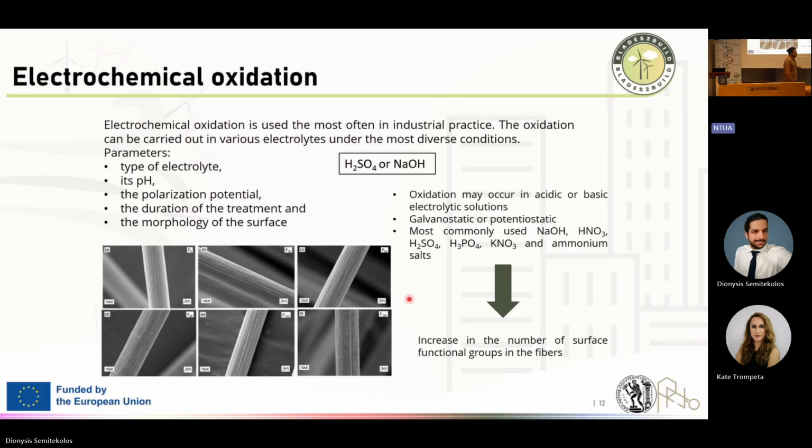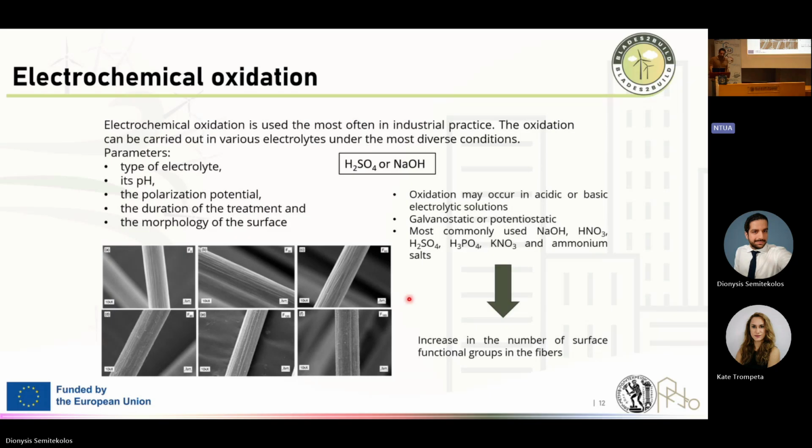The idea is that through electrochemical oxidation, we can put through the graphene layers of the carbon fiber some of these oxygen-containing groups. And this will facilitate the covalent bonding that we can have with the resins that we said before.